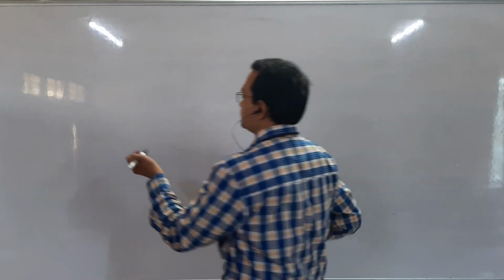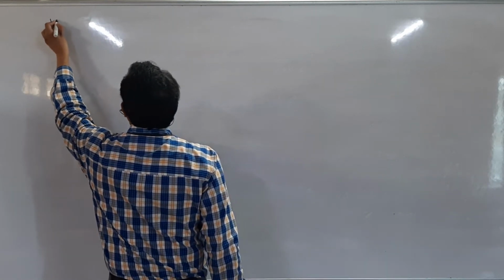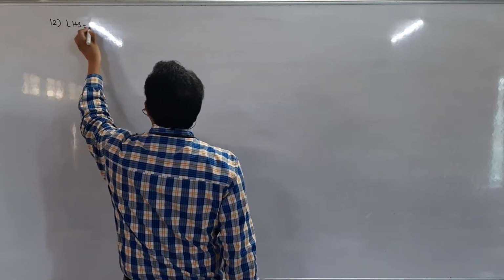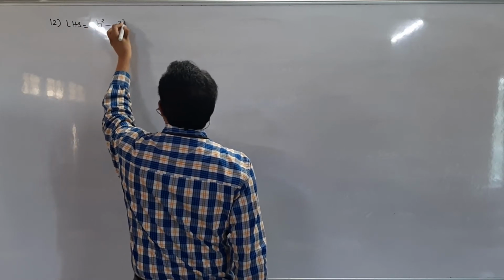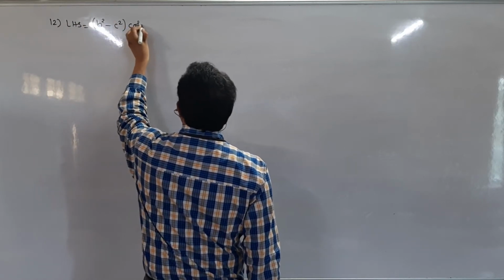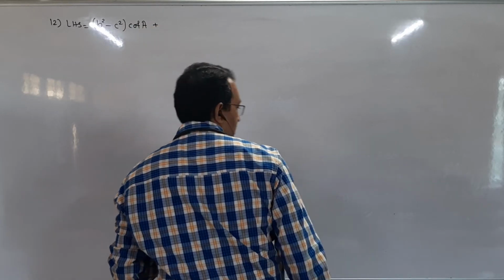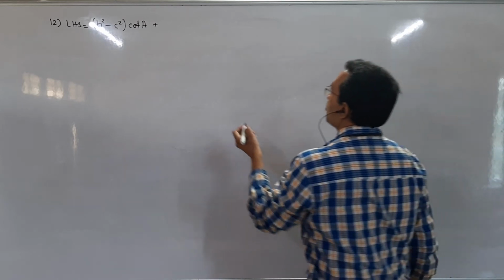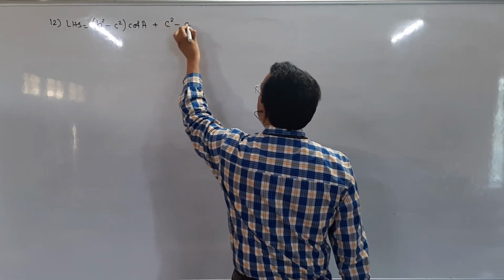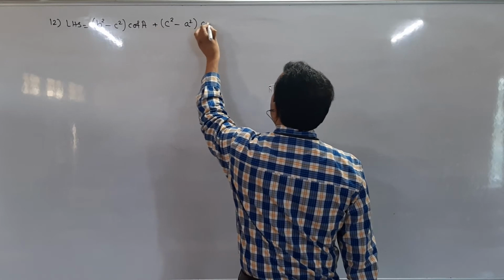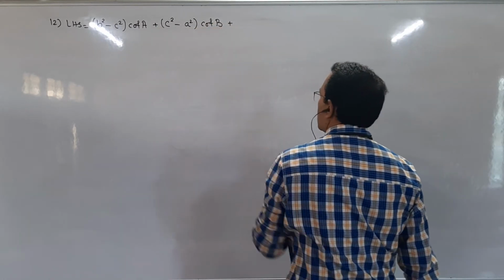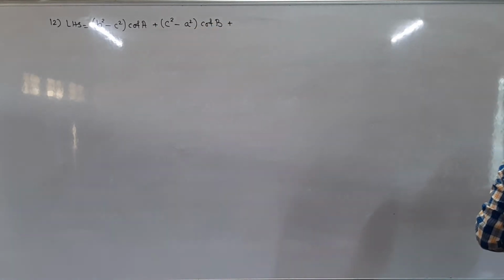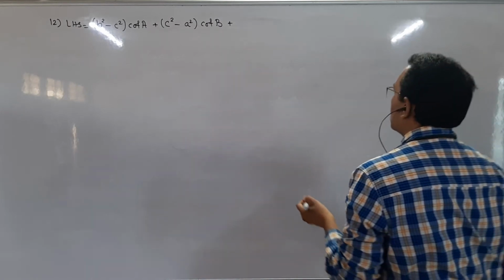Students, sum number 12: B square minus C square into cot A plus C square minus A square into cot B plus A square minus B square into cot C.